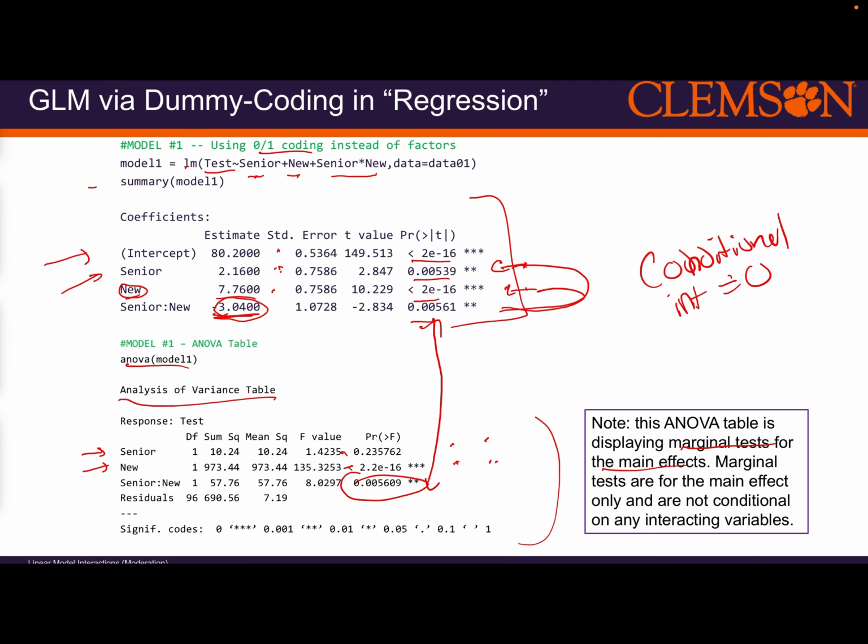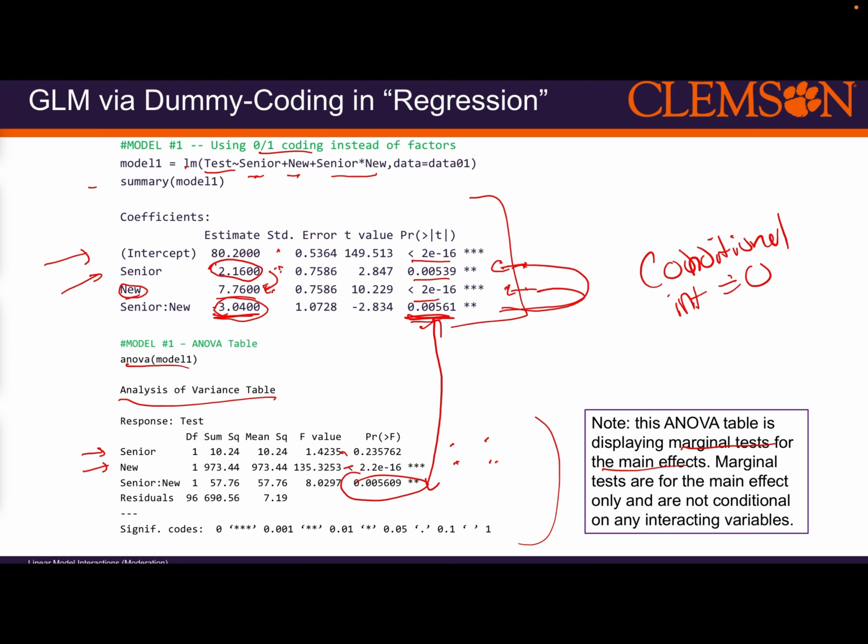Depending on your field and your data use example, this description may be of little use. And philosophically, that's what the PH in PhD stands for. Let's see if I can philosophize my way through this. With this interaction being significant, it really means that the main effect of senior is conditional on the value of new.